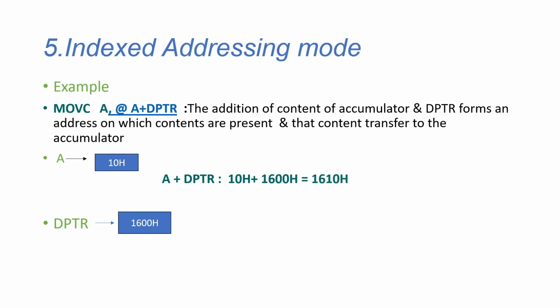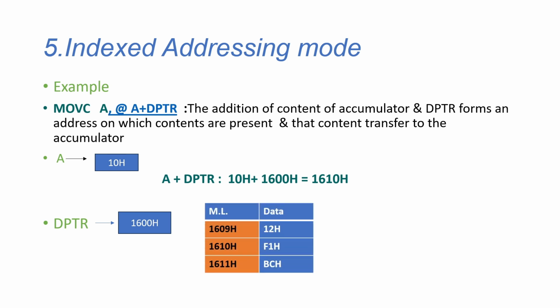Now perform the addition of these two registers, 10H plus 1600H. Now the effective address is 1610H. Now the microcontroller goes to this memory location, 1610H, finds the contents, and transfers them into the accumulator. Firstly the content of the accumulator is 10H, but after executing this instruction, the content of the accumulator becomes F1H.